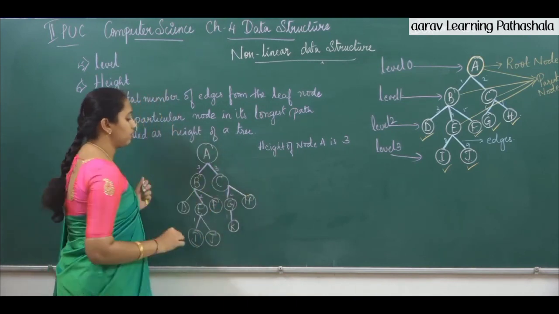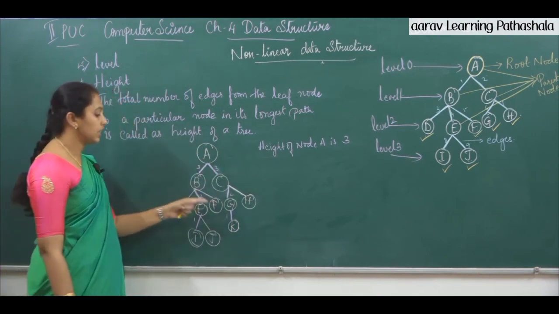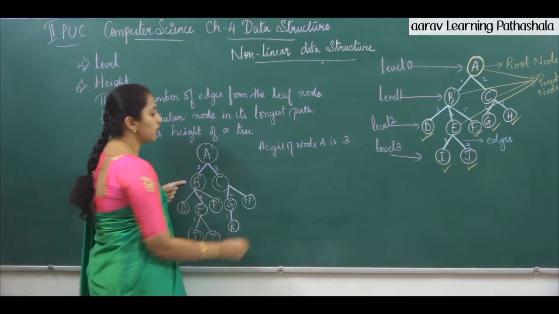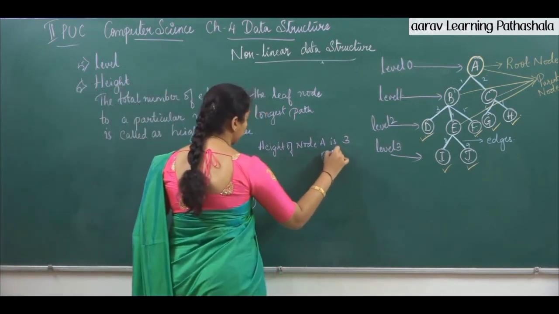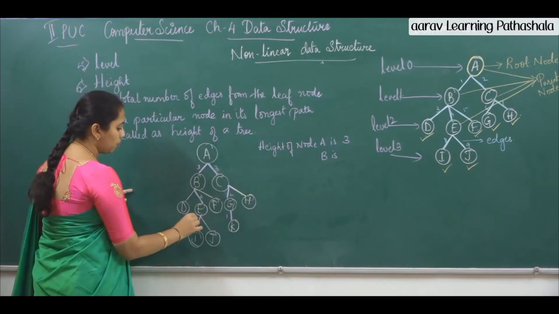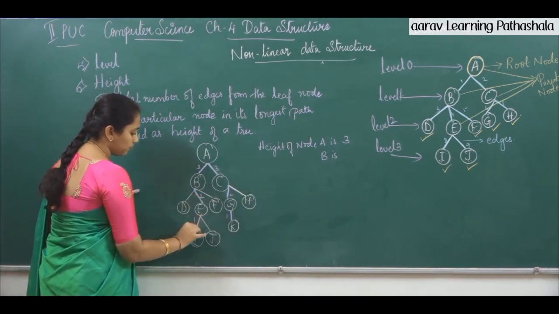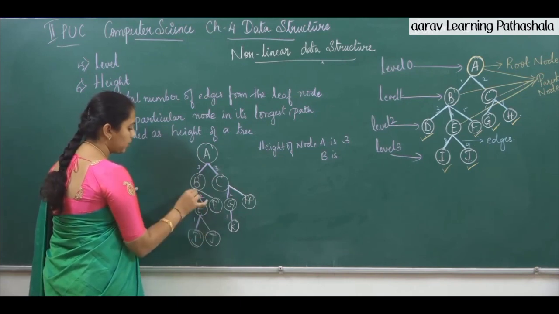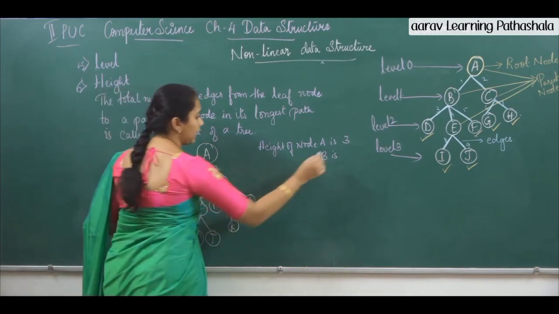So the height of the root node A is 3. If you want to find the height of node B, it is 1, 2. You have to traverse like this to reach node B.